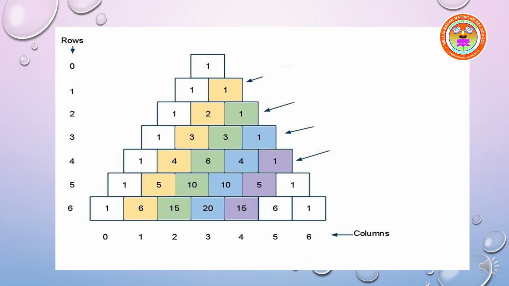Now moving to the third row, you end the row with 1 on both sides. Now you have 2 boxes in the middle. The second box is got by adding 1 plus 2. Now the third box is got by adding 2 plus 1.